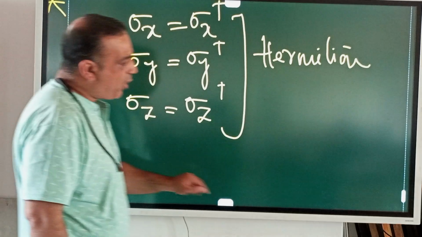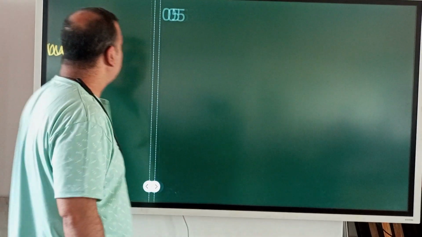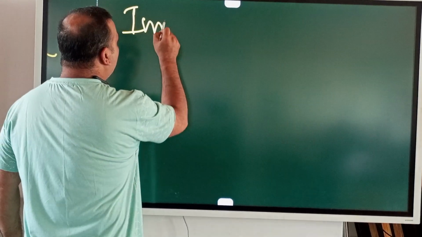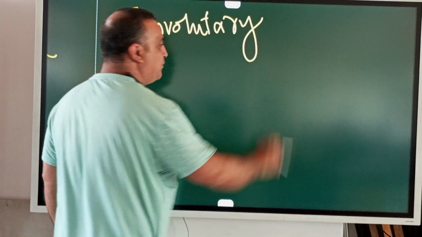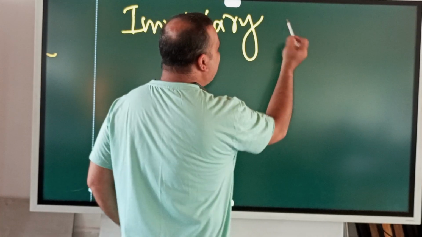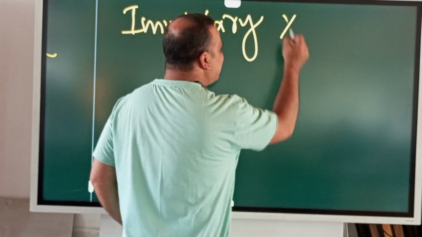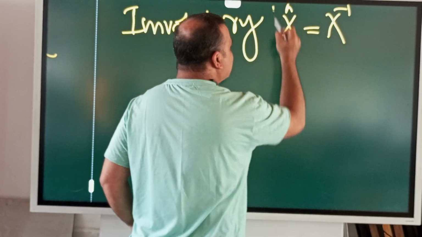Now the next important property is the inverse. You may also call it the involutory property. Now what is it? If you have some operator, say x, this x must be equal to its inverse.